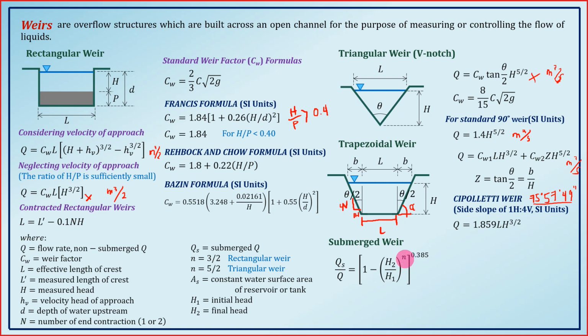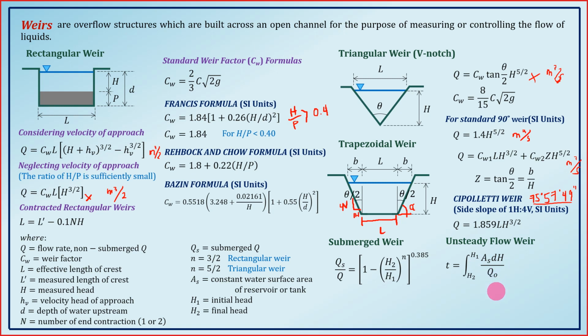And we also have this equation for getting the time for an unsteady flow weir. So, for unsteady flow weir, having a cross-section na varying, this equation na nakita natin sa orifice will also be used in this problem. So, we have AS dH divided by the Q out, na integral ng H1 to H2.